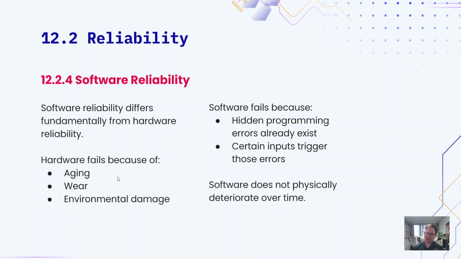So with crashes, your software, the code itself, won't deteriorate over time, but if there are coding errors, you could lose data. However, your hard drive is hardware. So your hard drive may age, it may wear, it may suffer environmental damage, and that could fail over time.